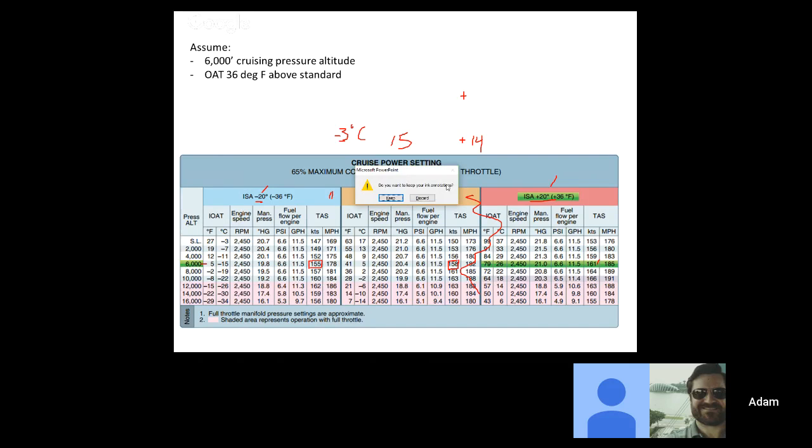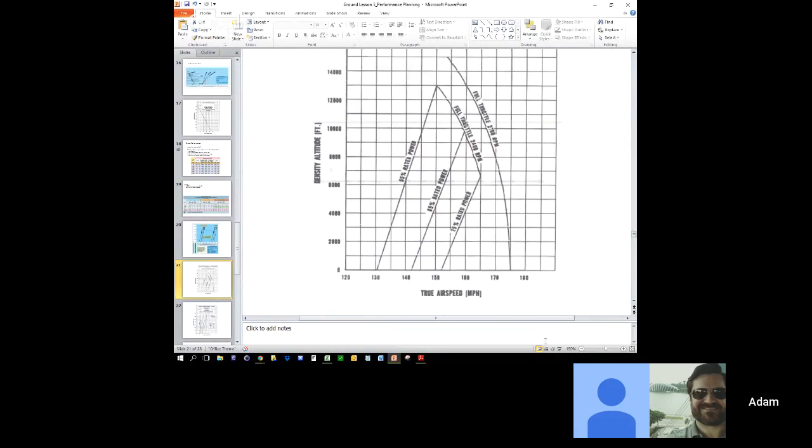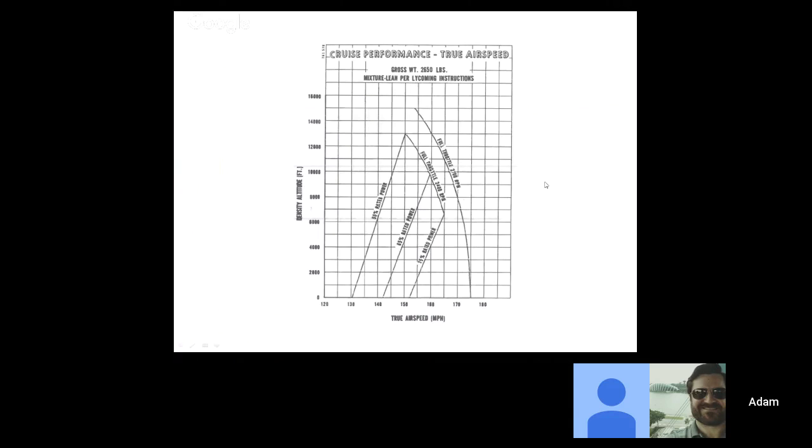Let's see if I have a chart. Let me show real quick the Piper Arrow's cruise chart, just to give you an idea of a not-so-complex example. In this chart, Piper is giving you a graphical form of true airspeed versus wherever you're operating from a density altitude standpoint.